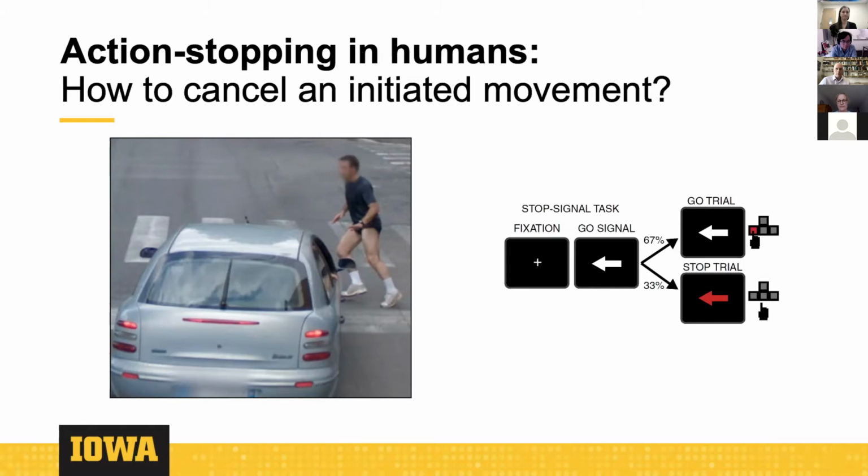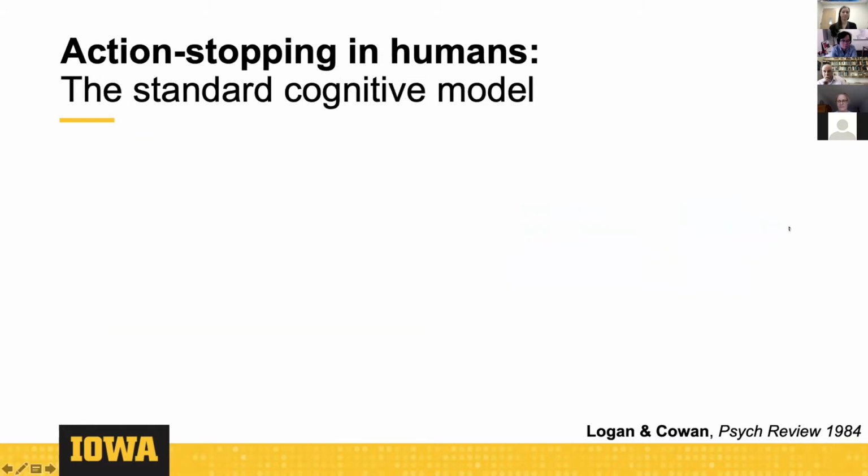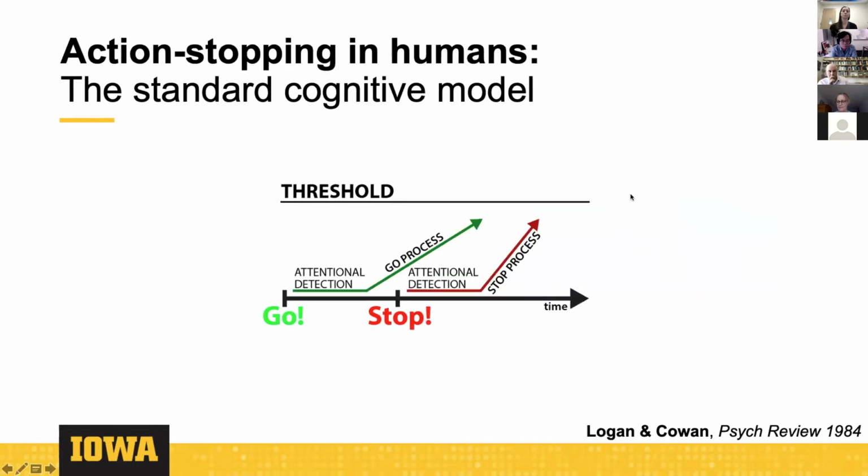Now, this task comes with a standard cognitive model, which goes back to Gordon Logan's seminal work. Basically, the supposition here is that the go signal triggers a go process that works towards executing a movement, and the stop signal starts a stop process that races the go process.